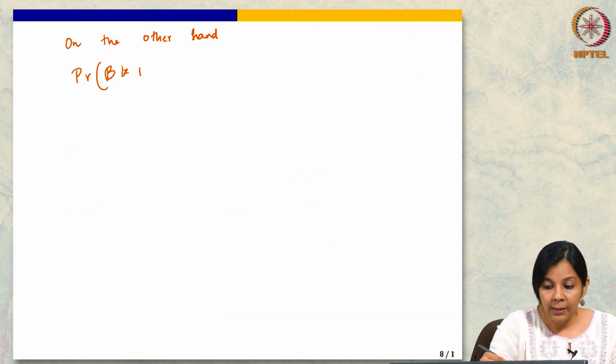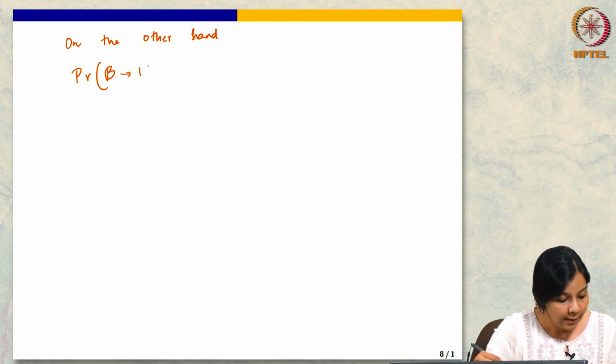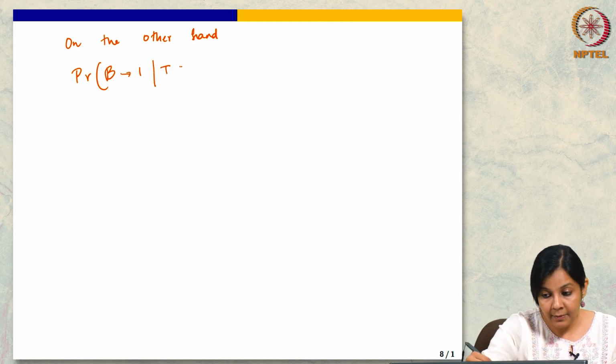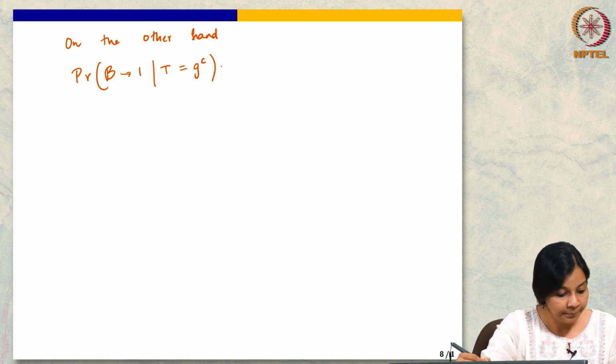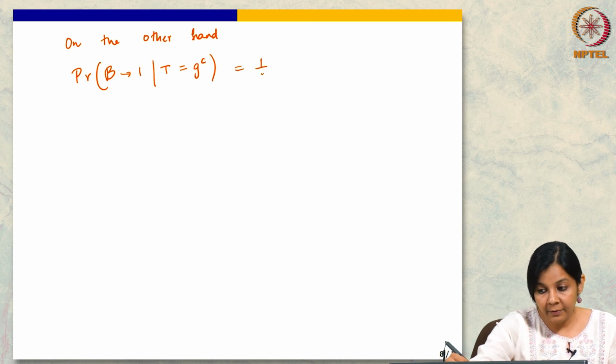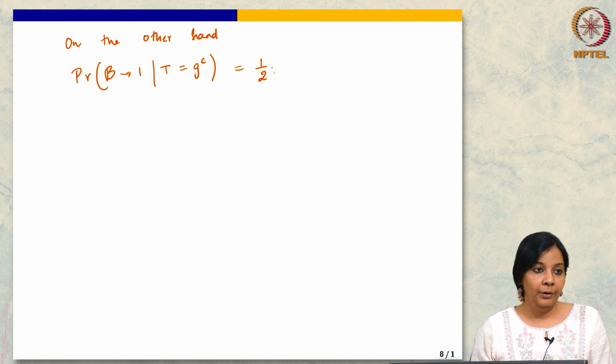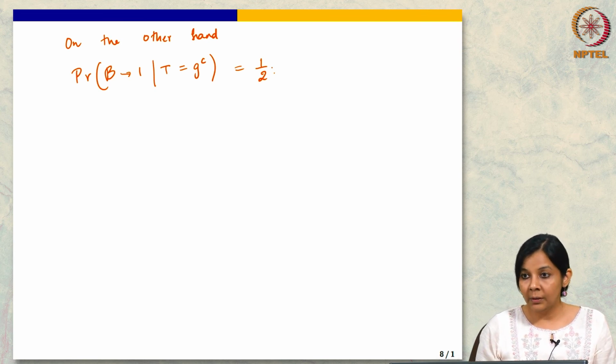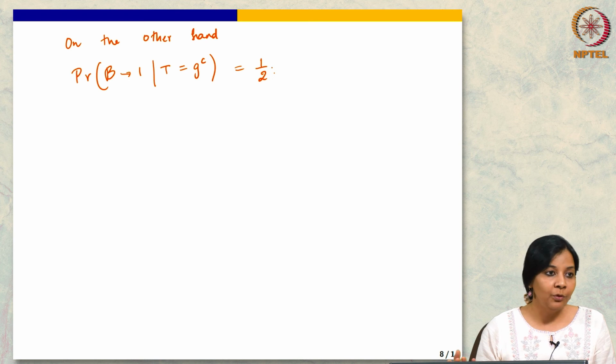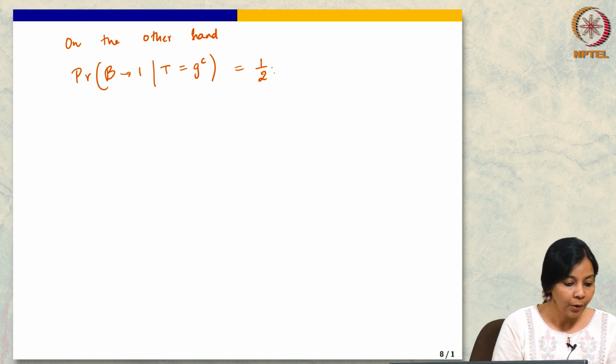So, the probability that B outputs 1 when T is equal to G to the C, I claim is exactly half by the reasoning that we followed earlier, right, because if T is totally random, the adversary cannot do better than half and therefore neither can I. Okay.